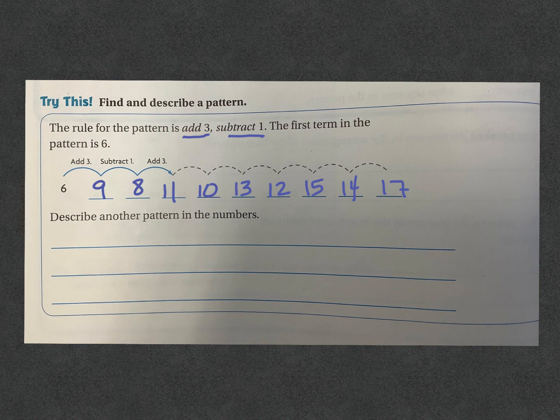Describe another pattern in the numbers. So I'm going to look through these numbers and see if I notice anything happening. One thing I think I'm noticing is I have even, odd, even, odd, even, odd, even, odd, even, odd.